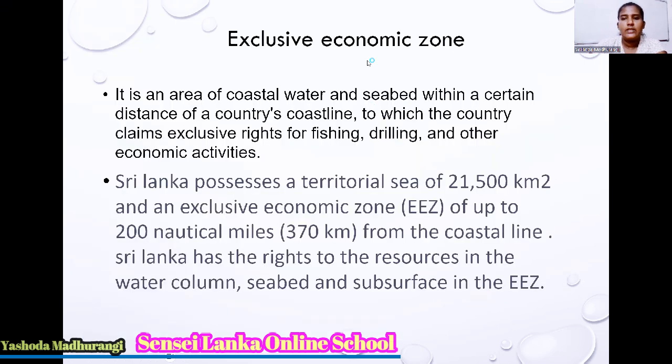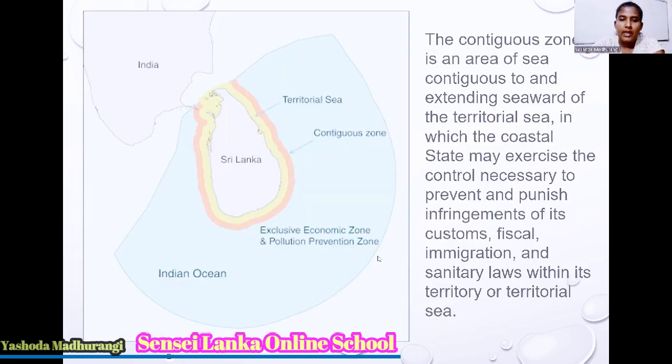Then exclusive economic zone. It is the area beyond that territorial sea limit, a little bit far away. It is an area of coastal water and seabed within a certain distance of a country's coastline. So look at this. Can you see exclusive economic zone in this light green color?